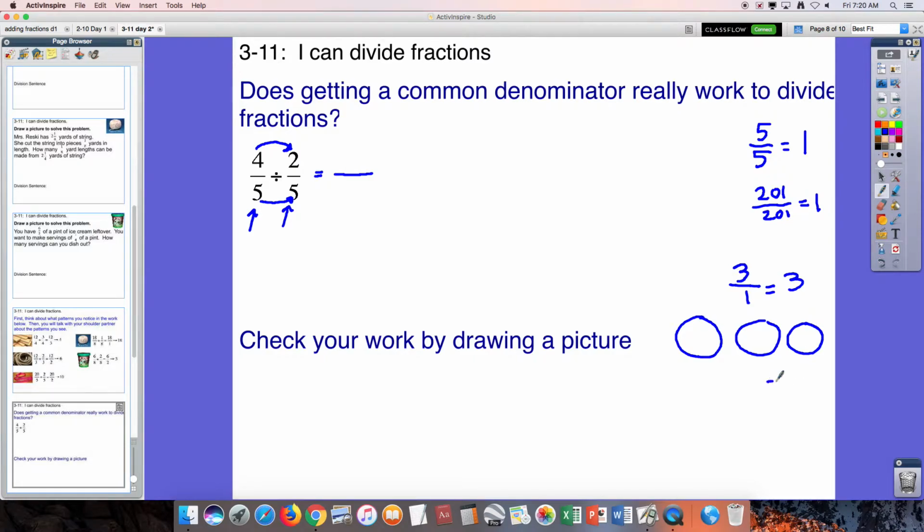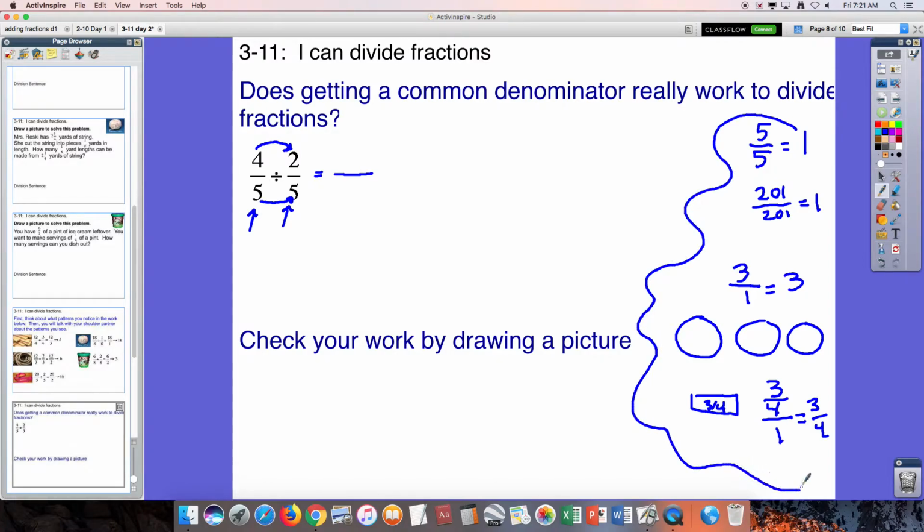Even if it's a fraction, 3/4 over 1 equals 3/4. If I have a 3/4 piece cut up into 1 segment, that piece is itself. Okay, so that is a common understanding that you have to have. All right? And we've gone over this many times in class.